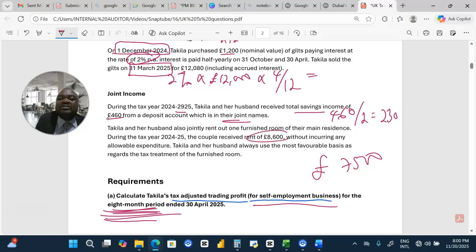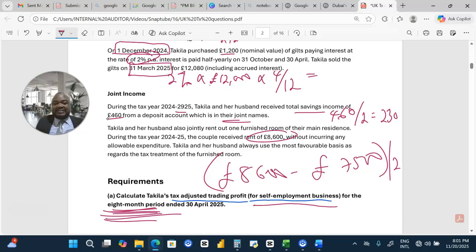So this income should be reduced by the 7,500. The 8,600 has to be reduced by 7,500, and the remainder should then be divided by 2, because the excess is the one to be taxed.